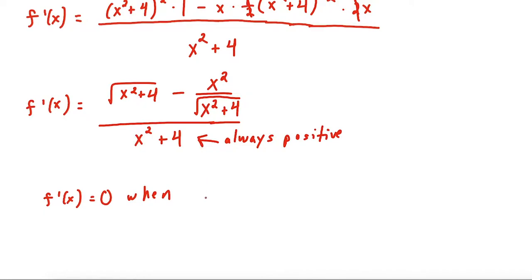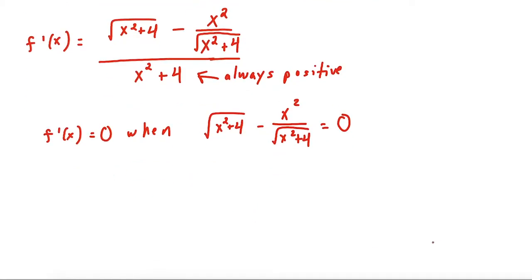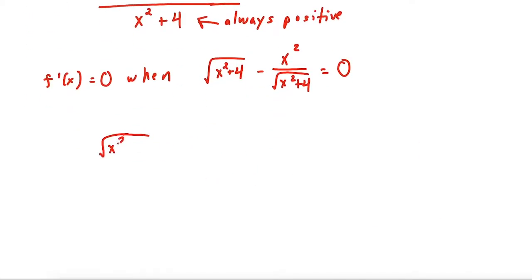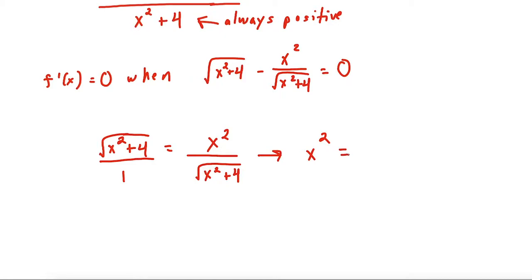So if we set the numerator equal to 0, now we could rearrange this. Another thing we could do from here now is cross multiply, giving us the equation x squared equals x squared plus 4.